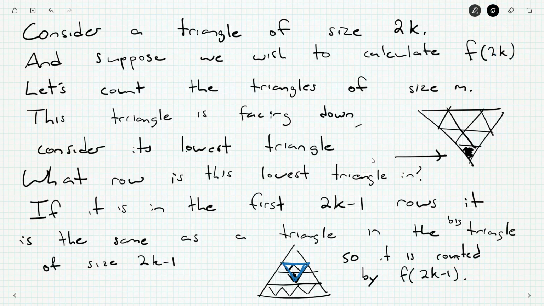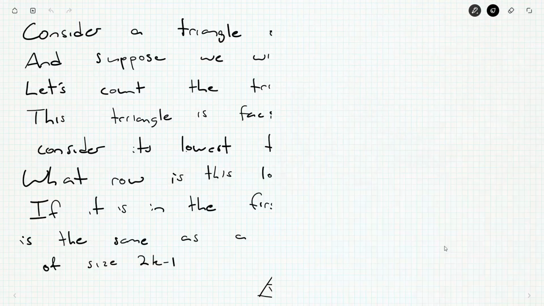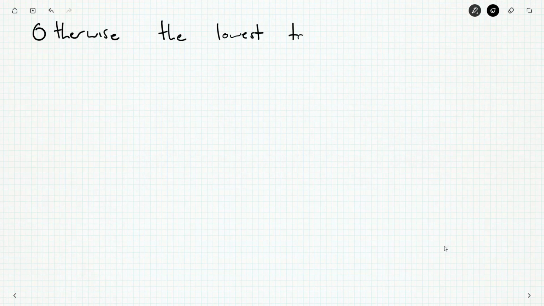So either the triangle I'm looking at is in the first 2k minus 1 rows, or it's a brand new triangle that comes from our newly added 2kth row, the next row. So otherwise, the lowest triangle is one of the 2k minus 1 in the bottom row.